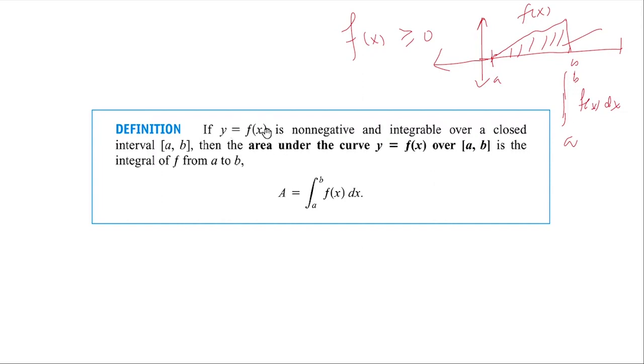So if f of x is non-negative and integrable over a closed interval from A to B, then the area under the curve over AB is actually that definite integration.